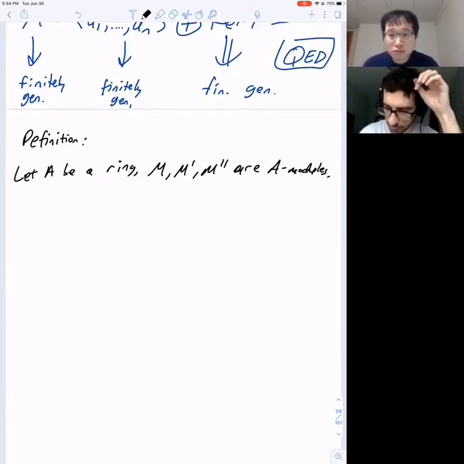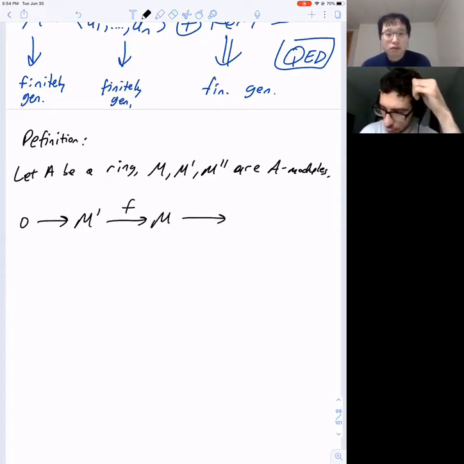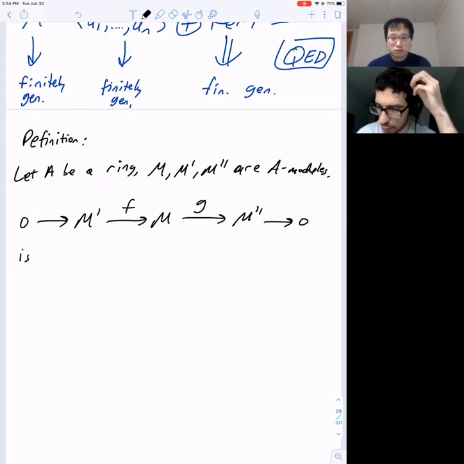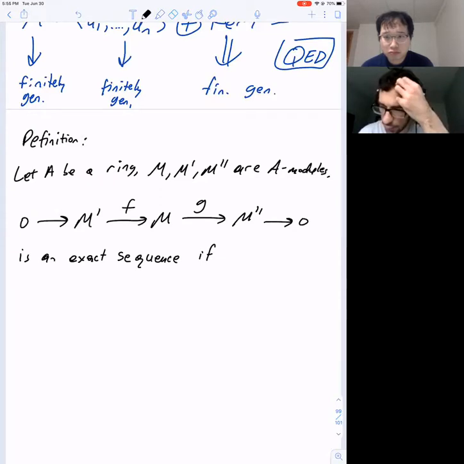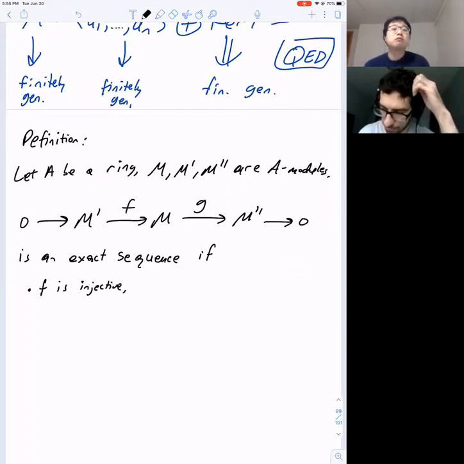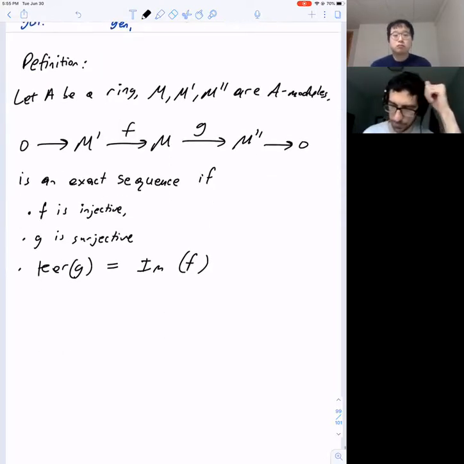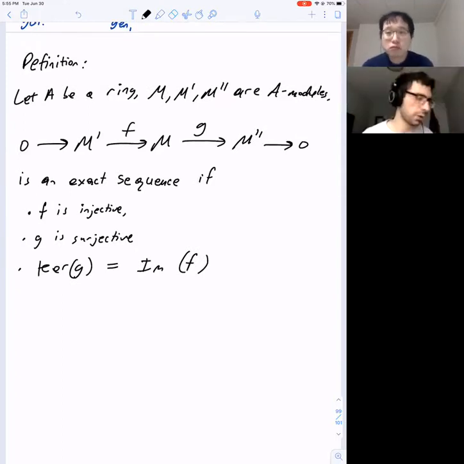I will say that this sequence, ending in 0, is an exact sequence if F is injective, G is surjective, and the kernel of G is equal to the image of F. This is extremely fundamental.